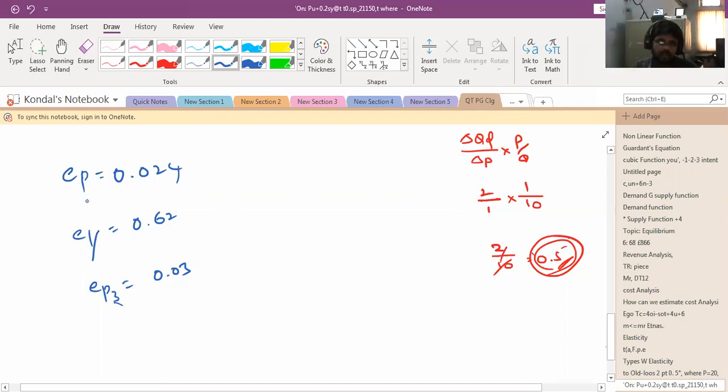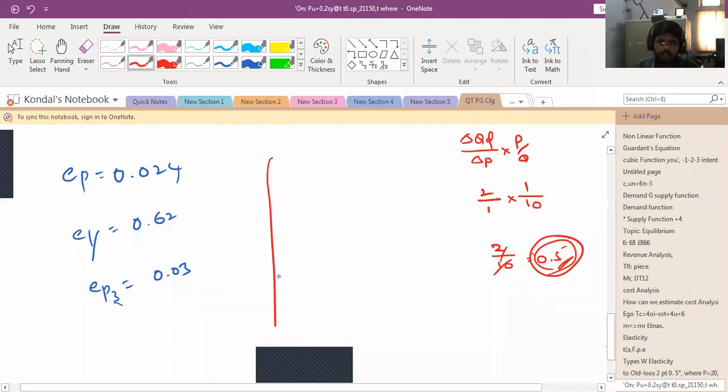Here, when we are studying the elasticity, that is the price elasticity of demand. There are different types of elasticities: perfect elastic demand, perfect inelastic demand, unitary or unit elastic demand, relatively elastic demand, and relatively inelastic demand. So what type of elasticity is it here?